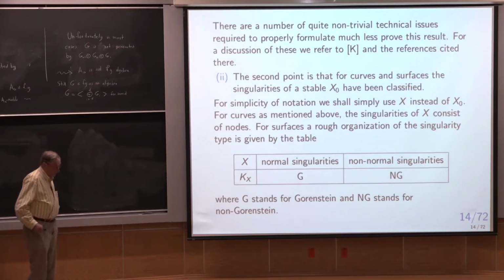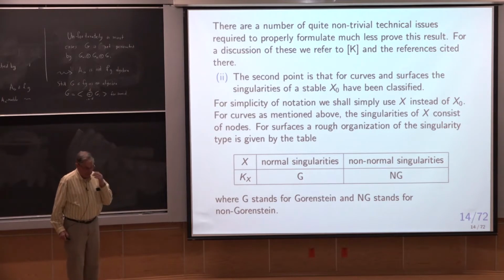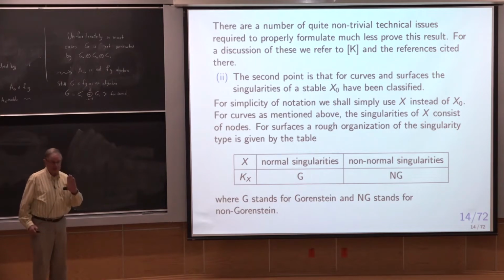To prove that theorem, there are a number of quite intricate, highly technical aspects. I'm not going to get into those. As I say, the overheads are on the website, and there are references in the overheads to the literature that explains this. The second point, though, is for curves and surfaces, the singularities of a stable variety, you can list them.